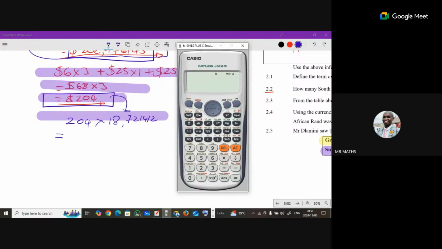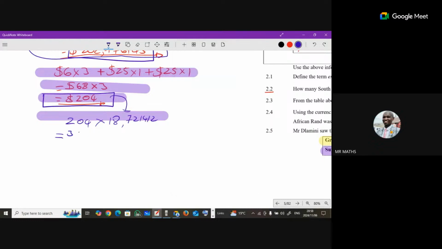It's 204, 3,819.16, 3,000 and 819.16. Then by looking, this is the amount in terms of rands that they will need.